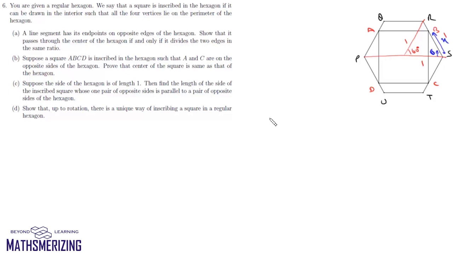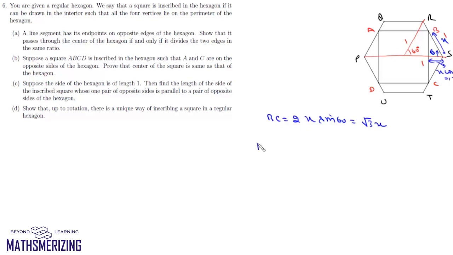We can find length of side BC, and it will be equal to 2 times x sine 60, and sine 60 is root 3 by 2, so it will be simply root 3x. So value of BC will be root 3x. Now if we find this distance it will be x cos 60, so it will be simply x by 2.